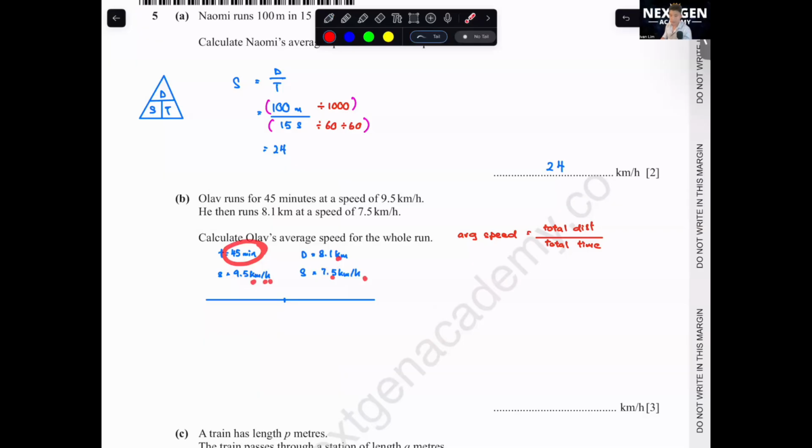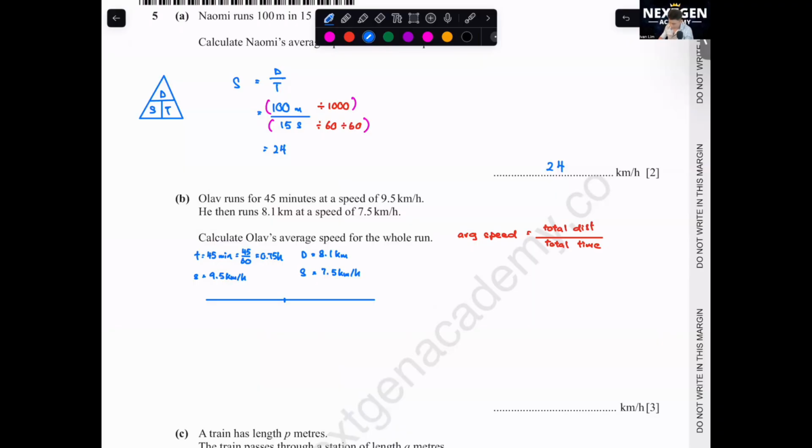Okay, let's convert this time into hours first. 45 divided by 60. Sorry, it's 45 over 60, so 3 over 4. Okay, 0.75 hours. Make sure that all the units are the same first.